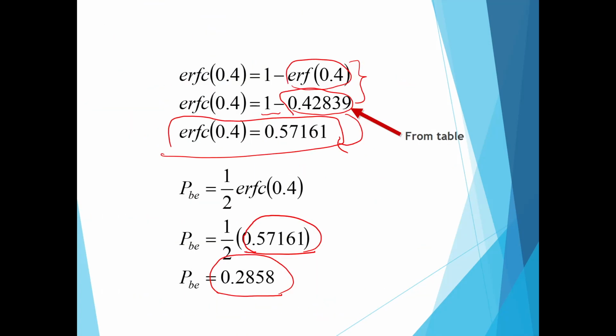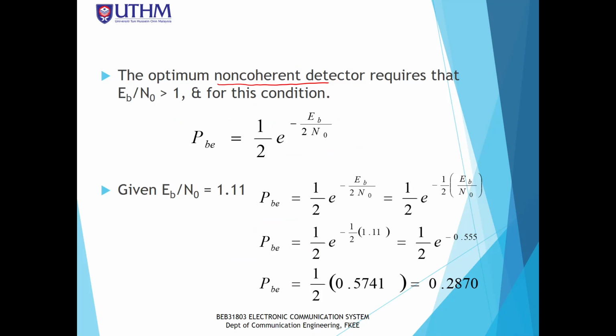So if we use the non-coherent detection, the equation will be slightly different, where we don't need to use the table. Kalau kita menggunakan non-coherent, we don't need to use the table. Instead, we can use the formula. So this is the formula for probability of bit error if we use ASK non-coherent detection.